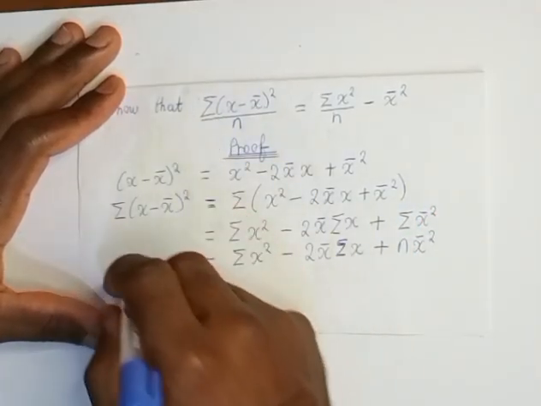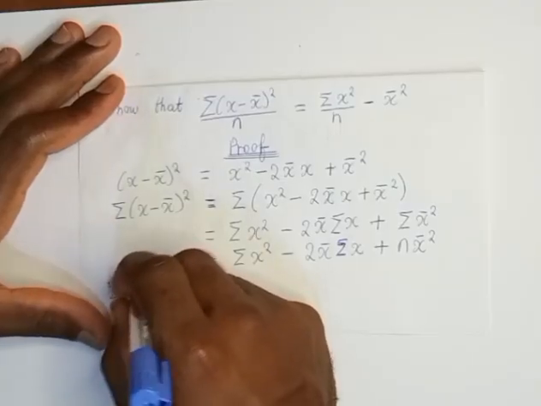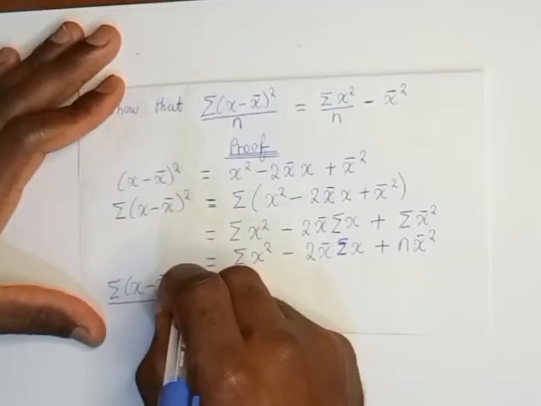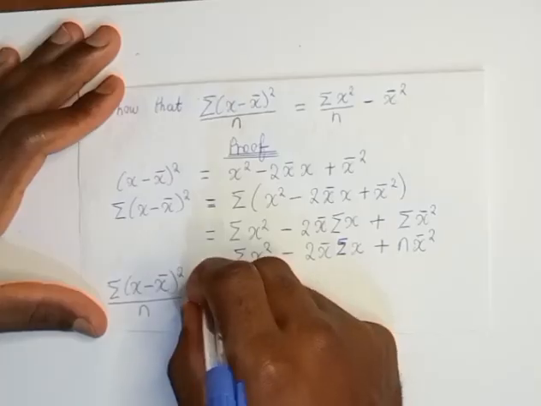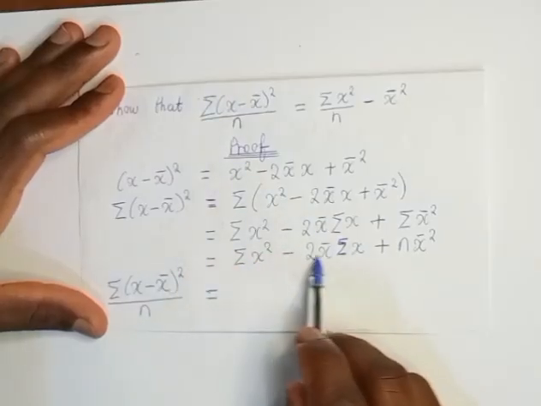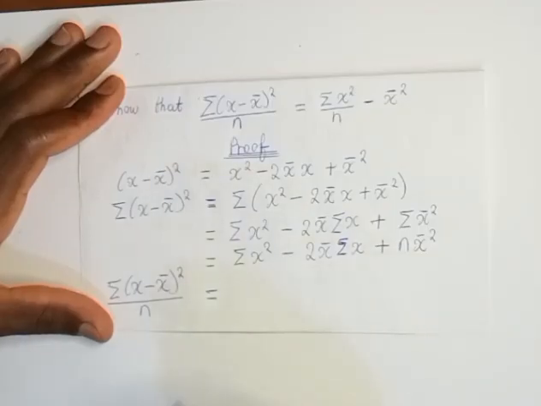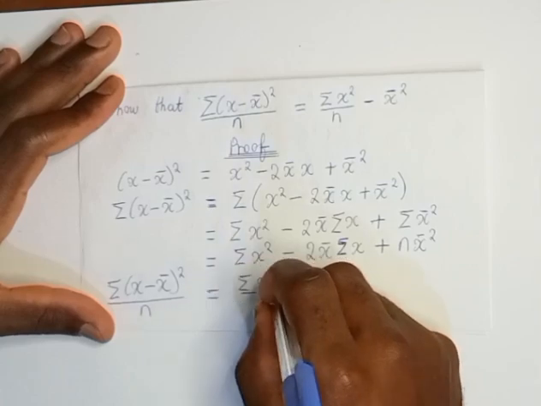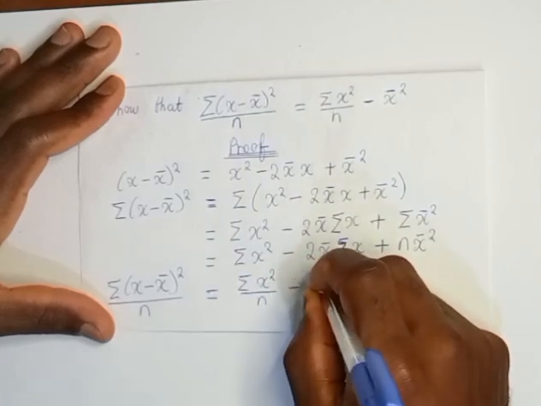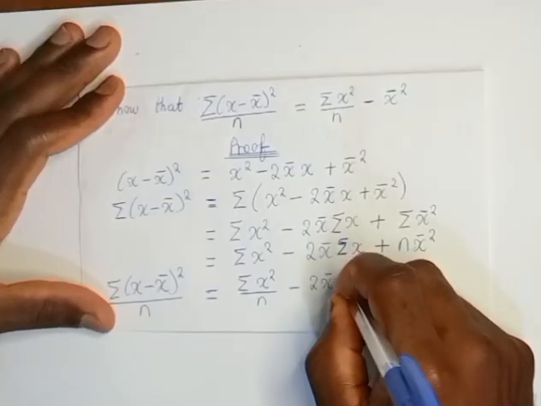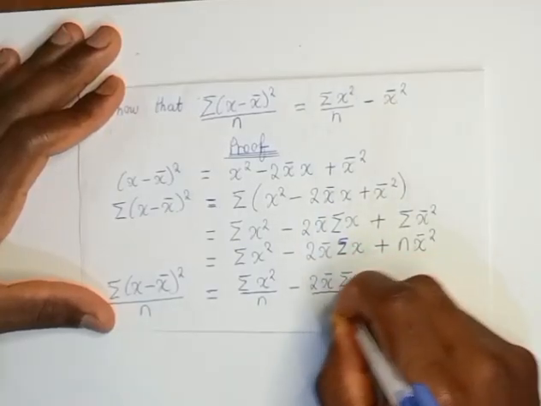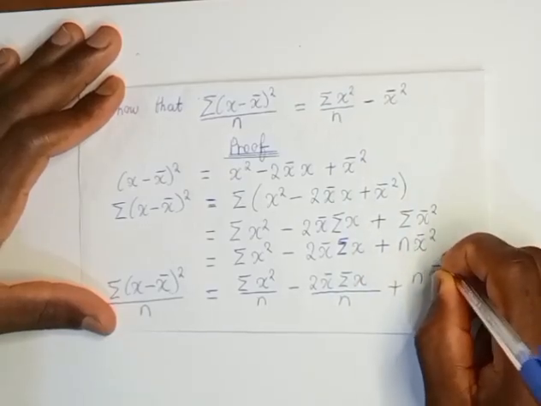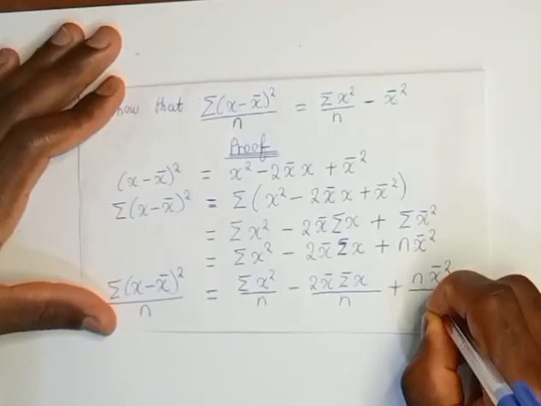Now in this our formula, summation (x minus x bar) all squared divided by n will simply be equal to, that means we have to divide all these terms by n. This gives us summation x squared over n minus 2x bar summation x divided by n plus n x bar squared, we divide by n.